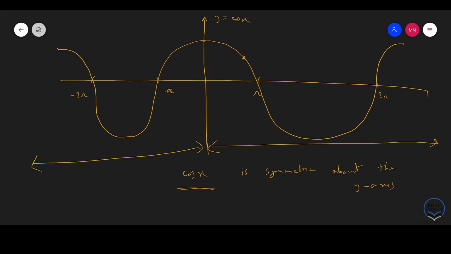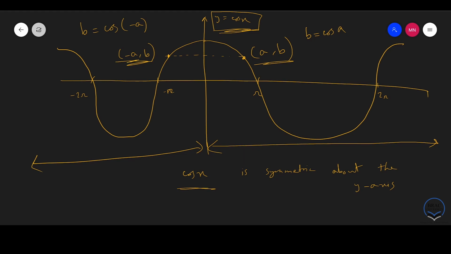Now, if I consider the point on the graph a comma b, then the point minus a comma b will also be on the graph of a function that is symmetric about the y-axis. And from these coordinates, we can see that when y is equal to b, b will be equal to the cosine of a, and from these coordinates, b will also be equal to the cosine of minus a.